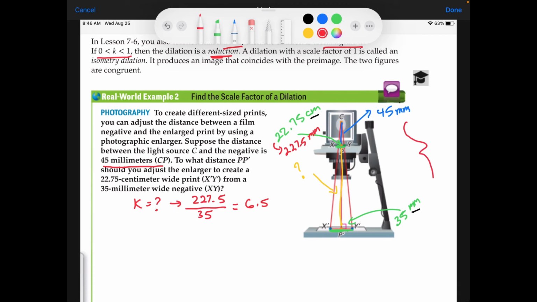So if I multiply 45 times the scale factor, it's going to give me the entire distance from C to C prime. Okay, so we're going to find that red line. We're going to take the scale factor, which is 6.5, and multiply it to the distance C to C prime, C to P, sorry.